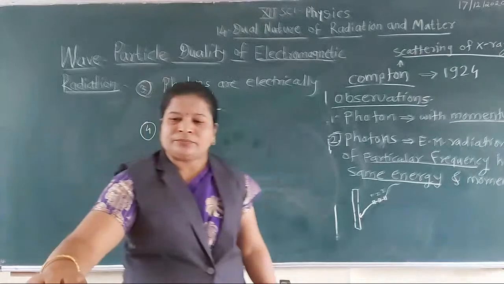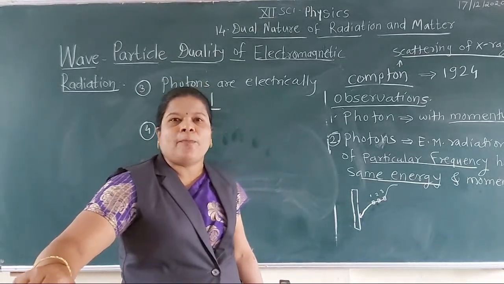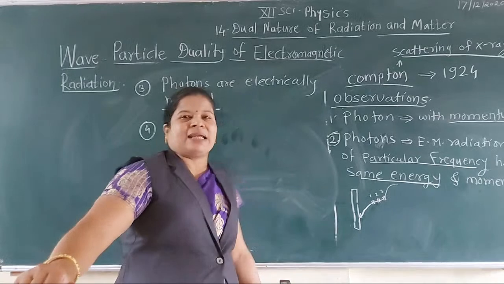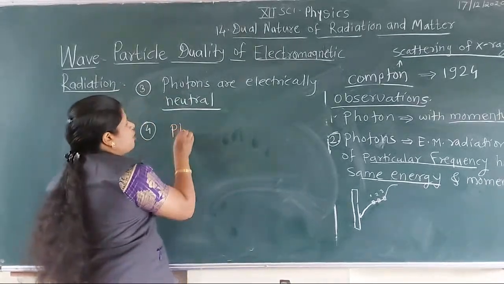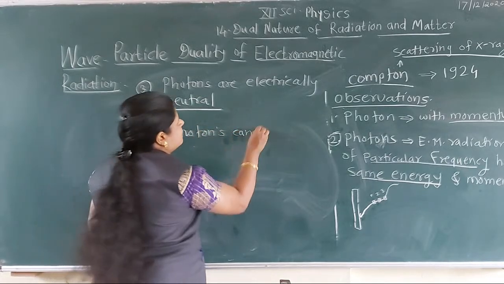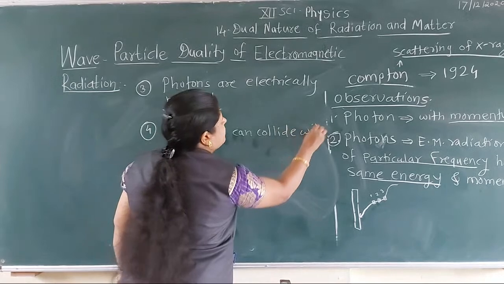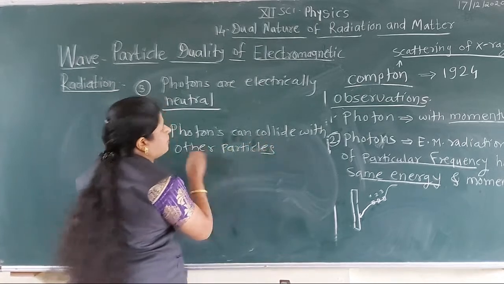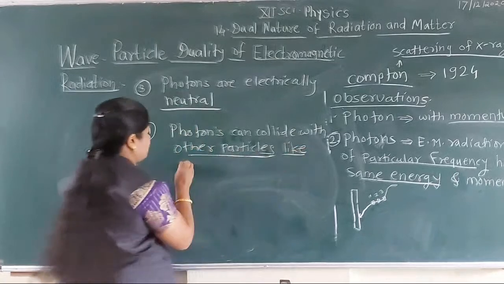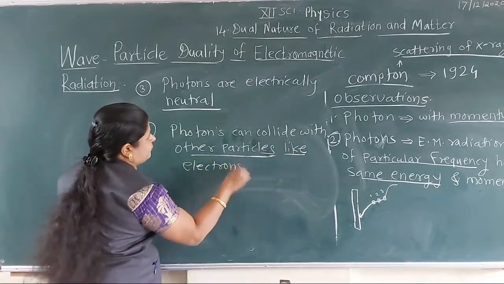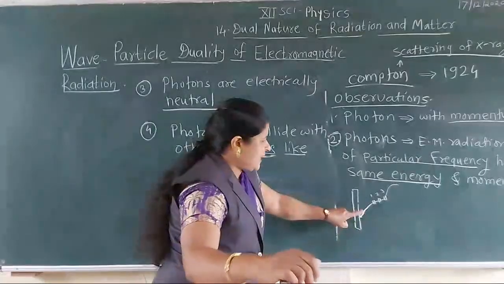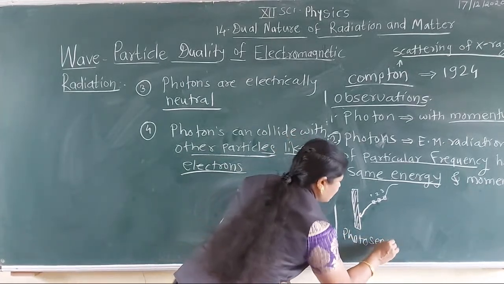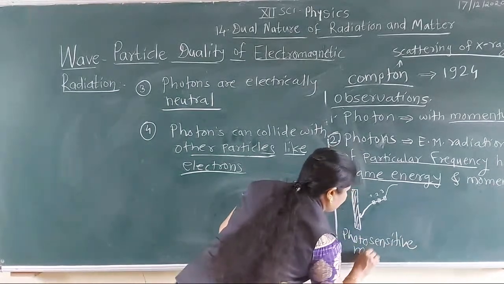Fourth observation, photons can have particle-like collisions with other particles such as electrons. That means photons can collide with other particles like electrons. See in this diagram, this is the photosensitive metal plate.